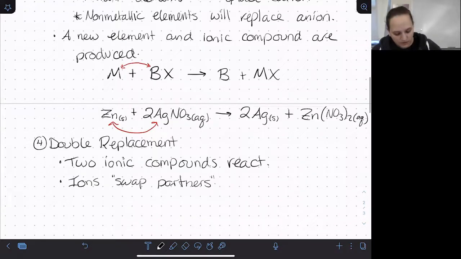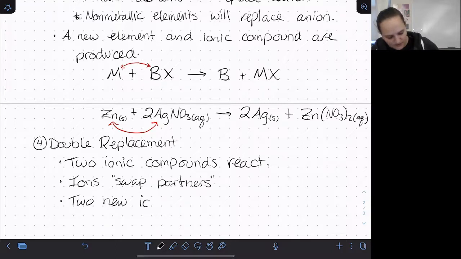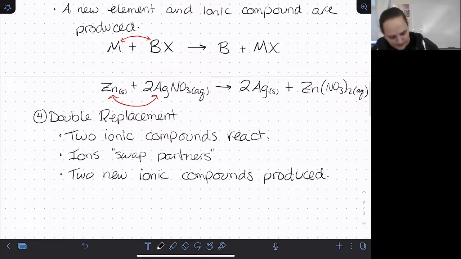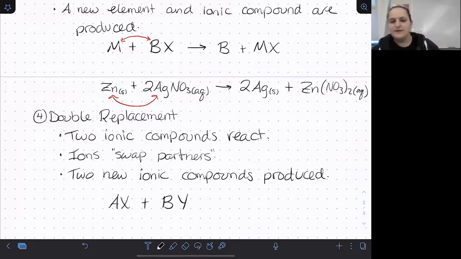And two new ionic compounds are produced as a result. So we'll see what swapping partners means in a sec. If we have two ionic compounds, let's call them AX and BY, when my ions swap partners, I'm just going to take my cations and swap them between the two compounds.